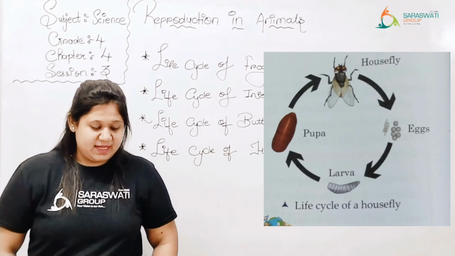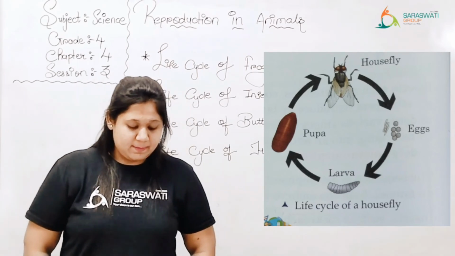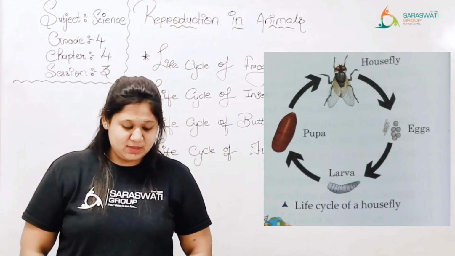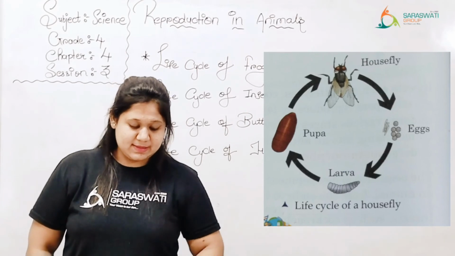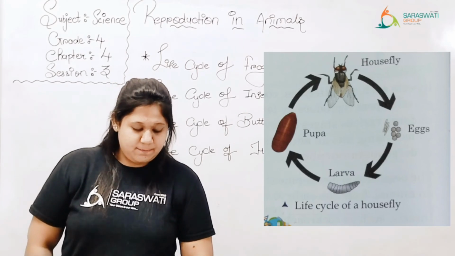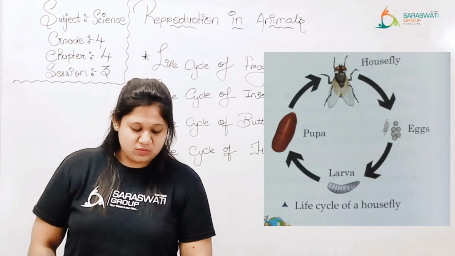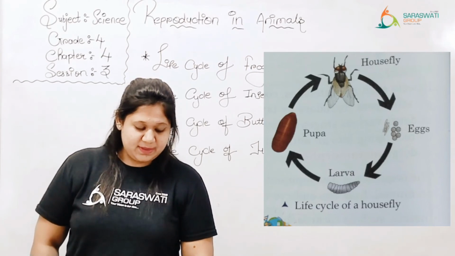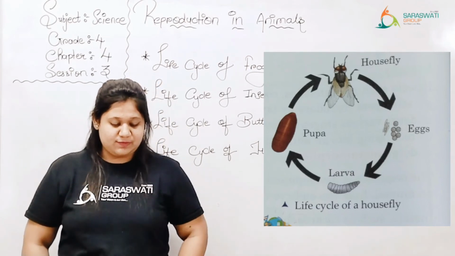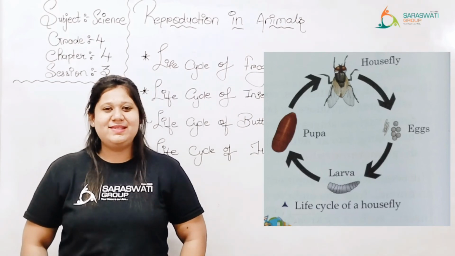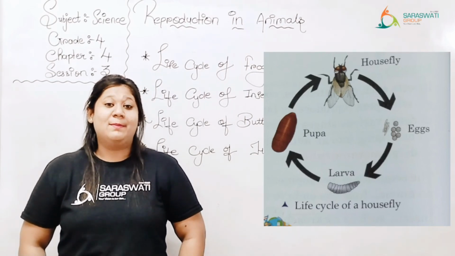After some days, the larva becomes barrel shaped. This is now called a pupa. Pupa is covered by a cocoon. It breaks open in a week, and a young housefly comes out. It is like the butterfly process.